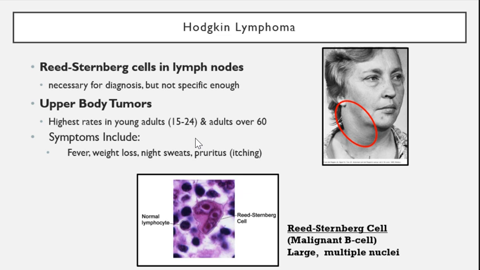Hodgkin's lymphomas are characterized by the presence of Reed-Sternberg cells in the lymph nodes. And so what you got to do is go in and take cells from the patient and do the microscopy work to figure out if there are Reed-Sternberg cells in the lymph nodes. These Reed-Sternberg cells are really, really weird looking lymphocytes.